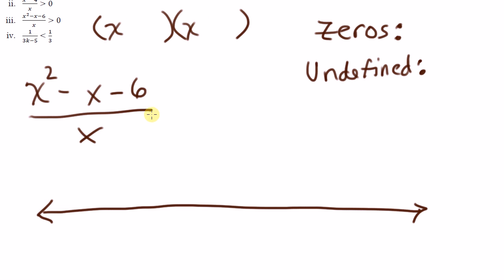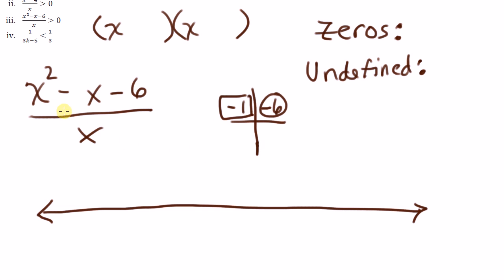Put x there, x there. So we have -6 and 1. Alright, so I'm just going to write this over here. Maybe you already know what it is. But I have two numbers that when multiplied together give me -6, and when I add them they give me -1.